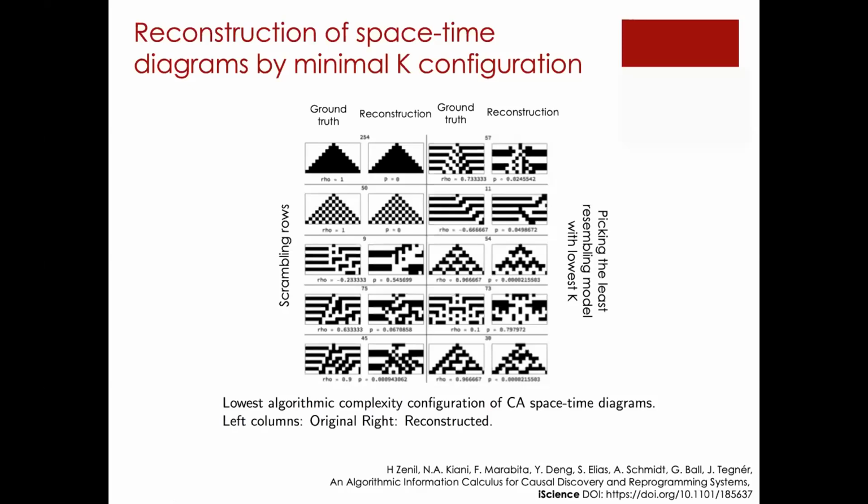It didn't make sense. And we did it exhaustively, so we take all the scrambling permutations. And then we try to reconstruct the original picture of the space-time evolution of the cellular automaton by taking the configuration that has the lowest algorithmic complexity.